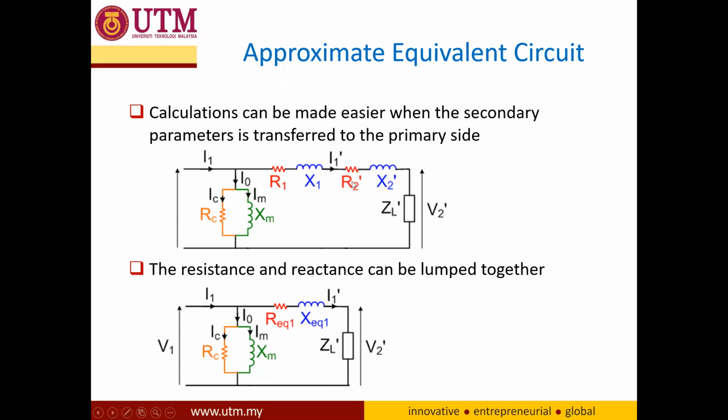And we know that R1 and R2 can be combined together, with X1 and X2, so we have R equivalent 1 and X equivalent 1.